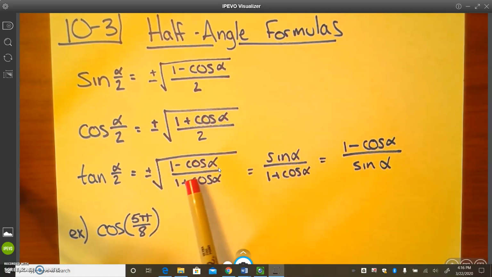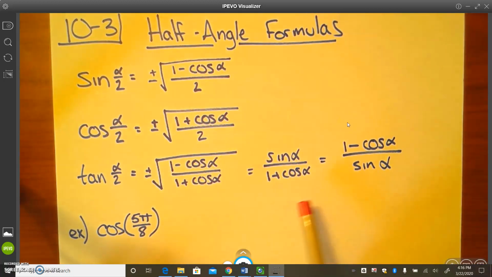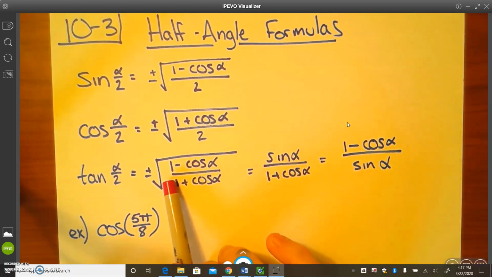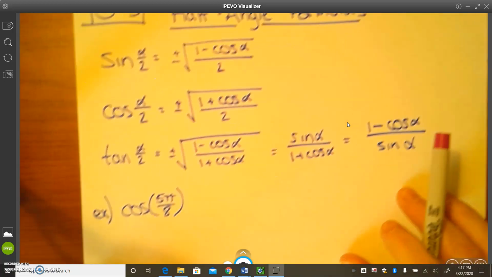Tangent has not one, but 2, 3 formulas. They're all equivalent. It's kind of like the cosine double angle formula. You can use any one of these you want, and they'll all be equivalent. Most students will choose one of these just to avoid the massive square root and the plus minus, but all 3 of these are equivalent.